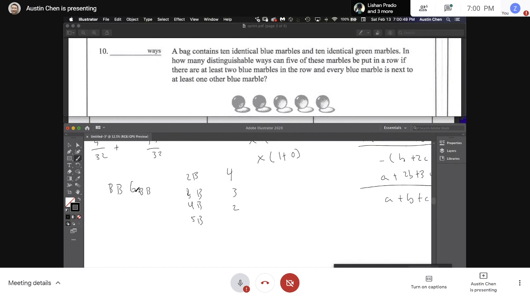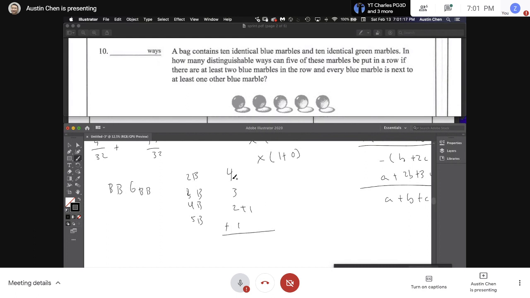This is the only way you can have them separated and still work, because for them to be separated you have to have a green marble in between. So our 4 blue marble case has 2 plus 1 ways, so 3 ways. And then our 5 blue marble case is just a trivial 1 case. They're all blue, so that's just 1 case.